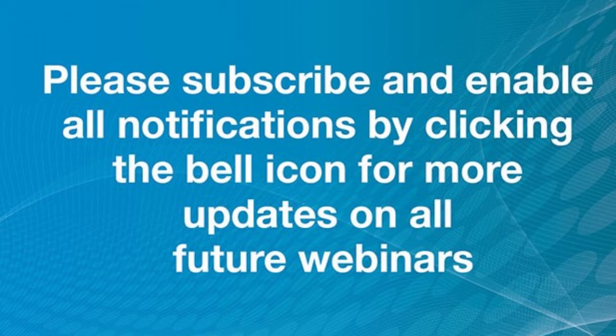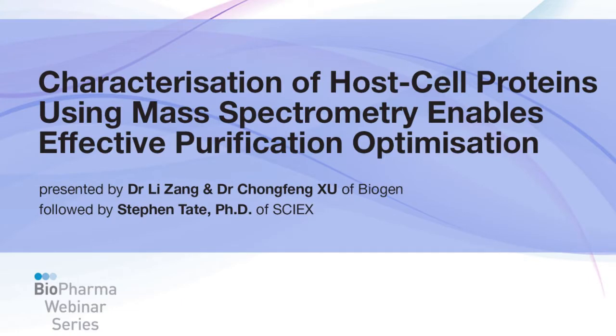Now please allow me to introduce you to our presenter. Dr. Li Zang is currently an Associate Director managing the Protein Analytical Development Department at Biogen. Her PhD focused on development and application of highly sensitive liquid chromatography mass spectrometry technology for breast cancer biomarker discovery.